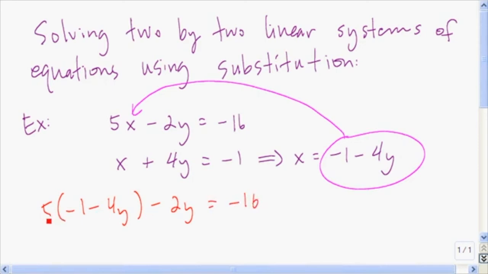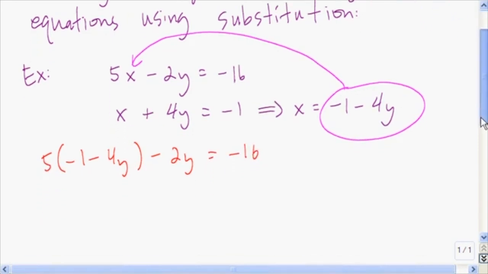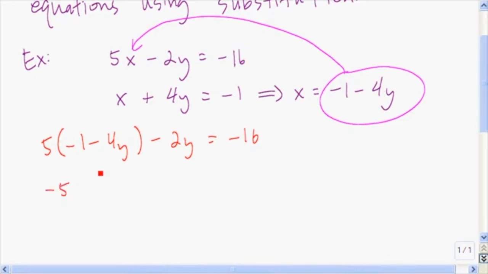Now we'll distribute this 5 into the first set of parentheses. So we have -5 minus 20y minus 2y equals -16. Now that gets us an equation in terms of just one variable, so we solve for that variable. Here we have -22y on the left side.